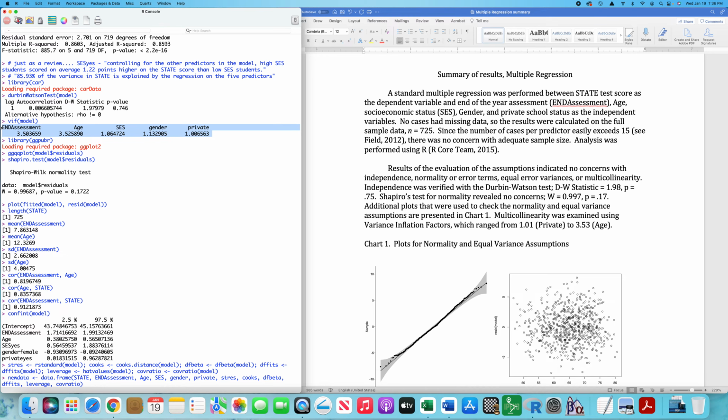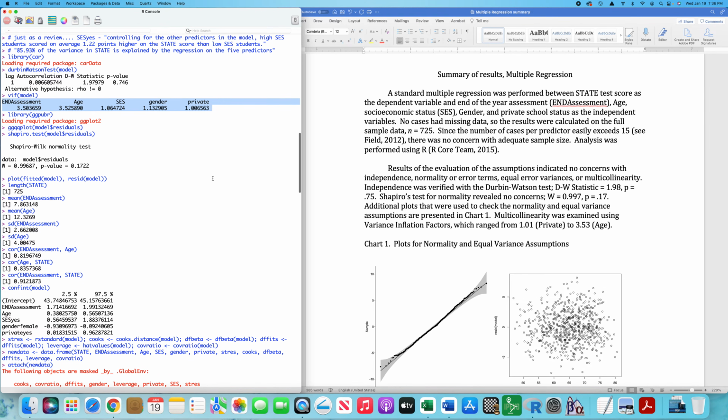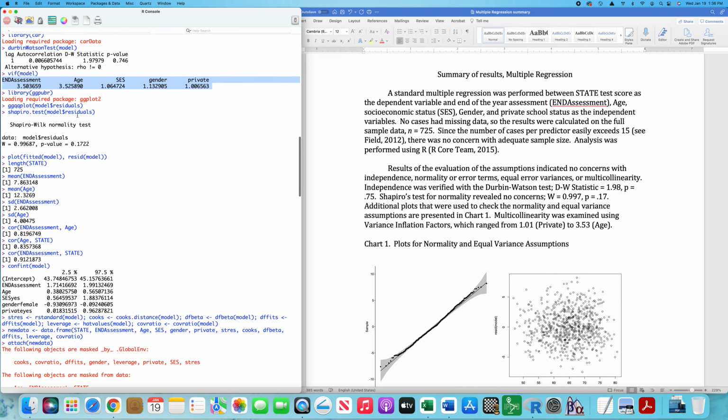No concern with VIFs, as long as none of these are above 10. 10 seems to be the threshold. Next, as we've done many times before, I looked at a QQ plot using the ggpubr package with R. And then I ran the normality test on the residuals, which is not statistically significant.